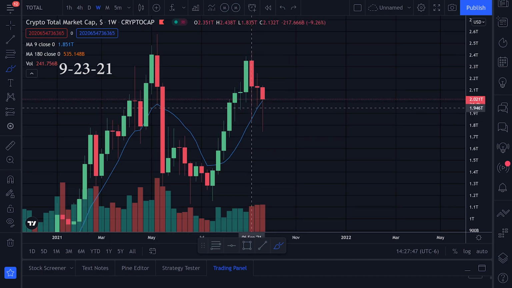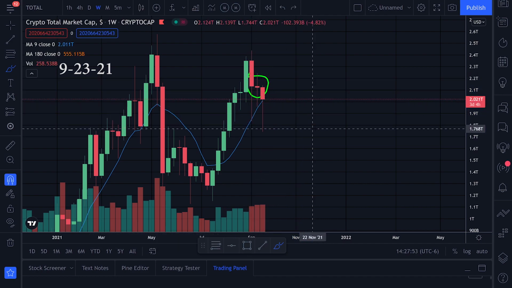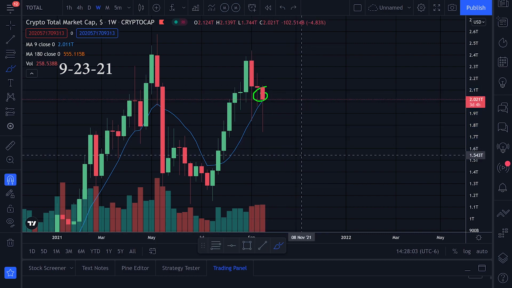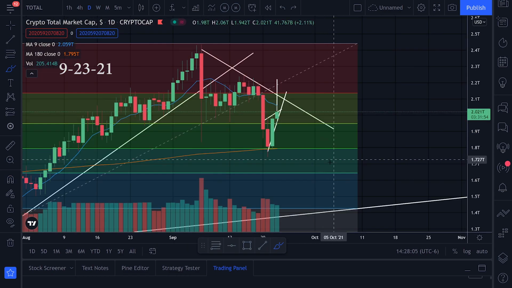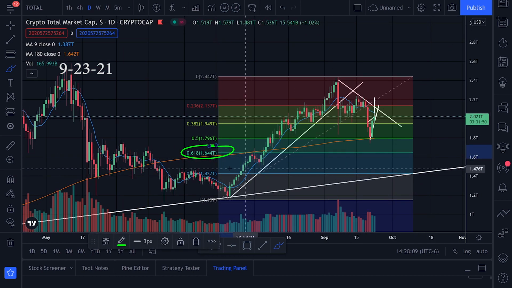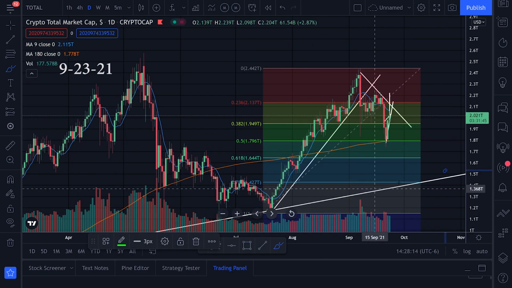I think if we are above it, it acts as support, and if it's below it, it acts as resistance. So right now we are getting supported on it. Let's hope we can keep that support going. If not, I think we might be going to those lower Fibonacci levels, something like this 61% level or maybe even the 78% level, and having to retest this bottom trend line right there.